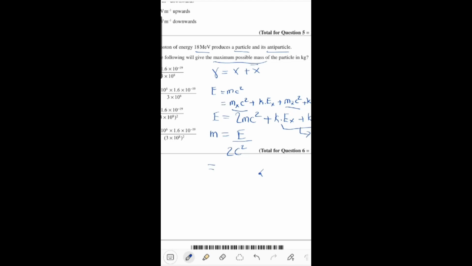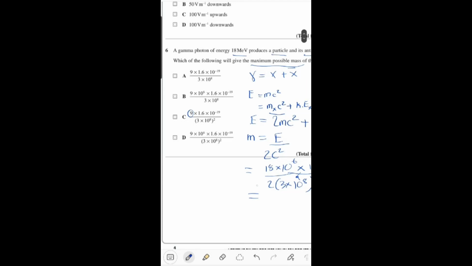Once you substitute the values, 18 times 10 raised to power 6, as mega is 6, and c is 3 times 10 raised to power 8, and it's in electron volt, so to change it to kg mass you have to multiply by 1.6 times 10 raised to power minus 19. Once you do this, you will get this option right here, which is D.